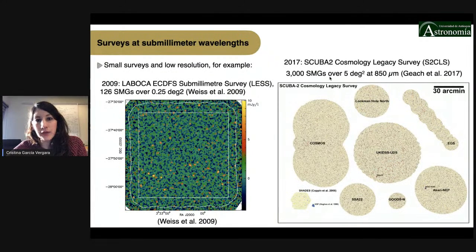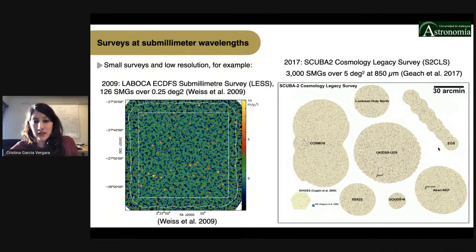Another survey, which is the largest survey performed so far at sub-millimeter wavelengths, in particular at 850 micrometers, was published in 2017. It was performed using SCUBA-2, and this covered around 5 square degrees. It contains around 3,000 sub-millimeter galaxies.